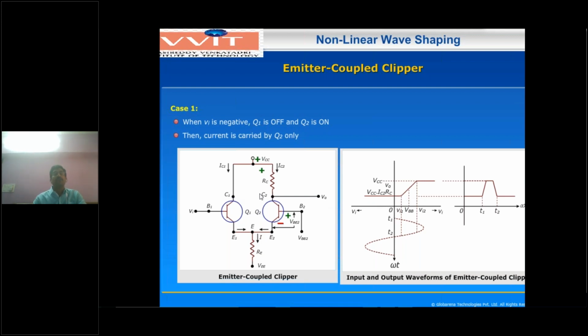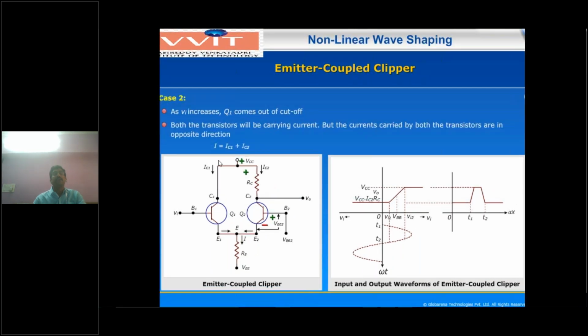And next, the second case: as Vi increases, that means the input voltage at the base of Q1 increases, then Q1 comes out of cutoff. Now both transistors carry current, both are in the active condition. So the total current passing through RE equals IC1 plus IC2. This is the IC1 current, this is IC2.